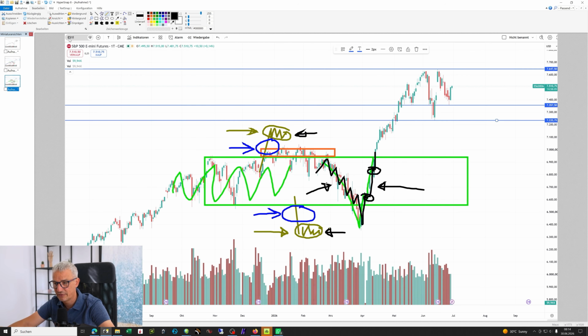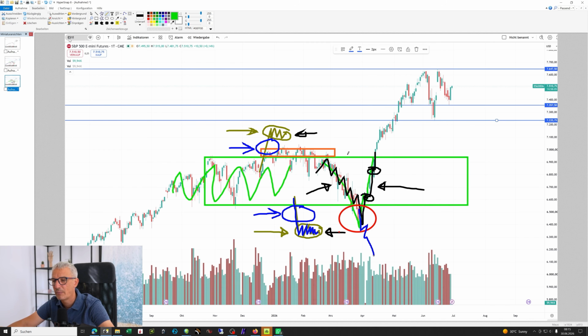And now the following happens. Here, where we actually assumed that the market would now complete a trend reversal, it didn't do it because it neither provided us with this information here, nor did it provide an impulsive, fast downward movement so that we could have localized that there's now a sustainable imbalance in there.